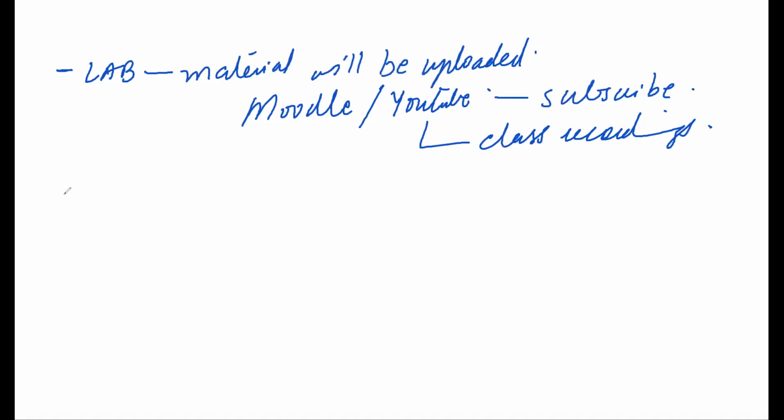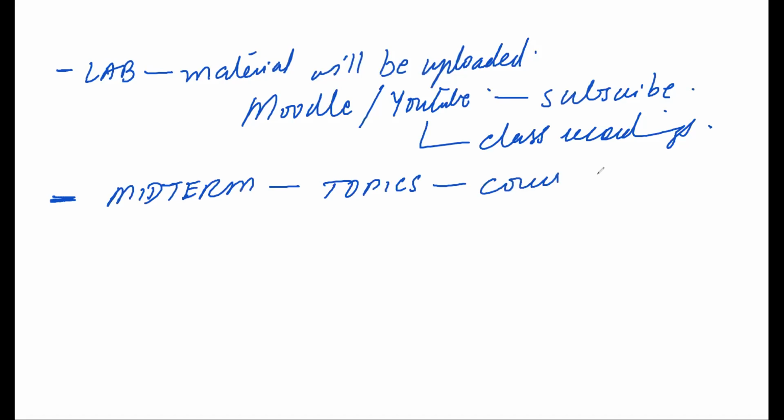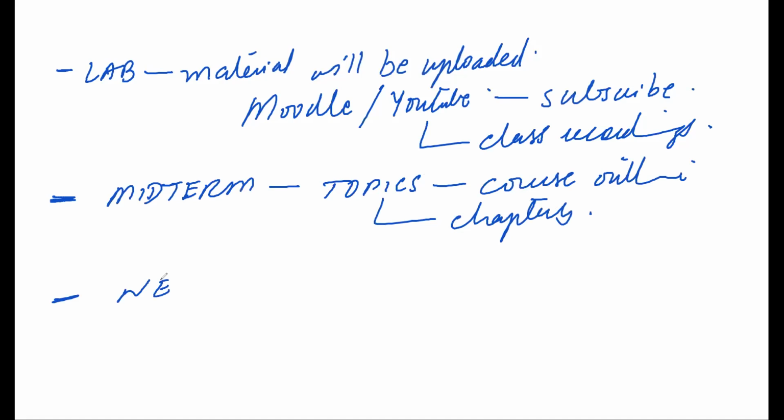The second announcement was that you should start preparing for your midterm, according to the topics in the course outline. The numbers of the chapters are not exactly the same. As you know, the topics repeat in several chapters, so you have to identify them and practice them. Also, the next class will be revision for the midterm exam.